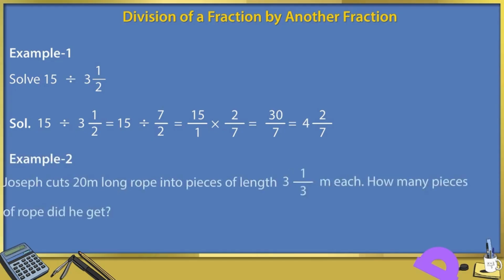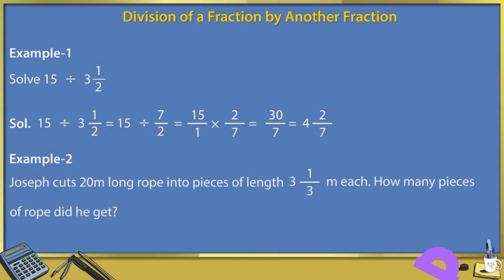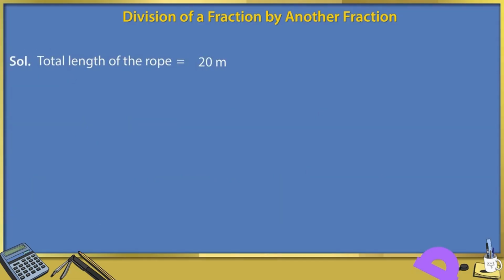Example 2. Joseph cuts a 20-meter long rope into pieces of length 3 and 1 by 3 meter each. How many pieces of rope did he get? Solution. Total length of rope is equal to 20 meter. Length of one piece is equal to 3 and 1 by 3 meter.